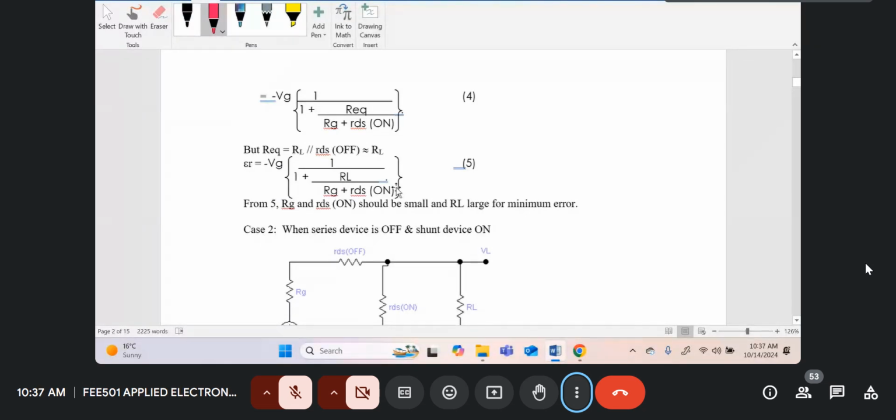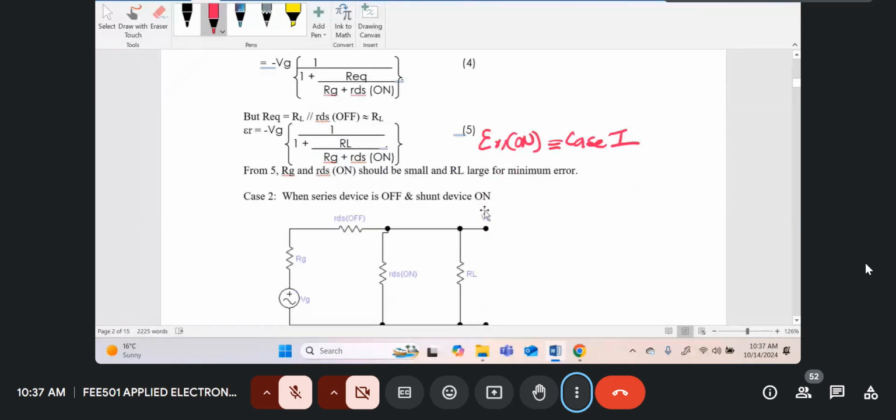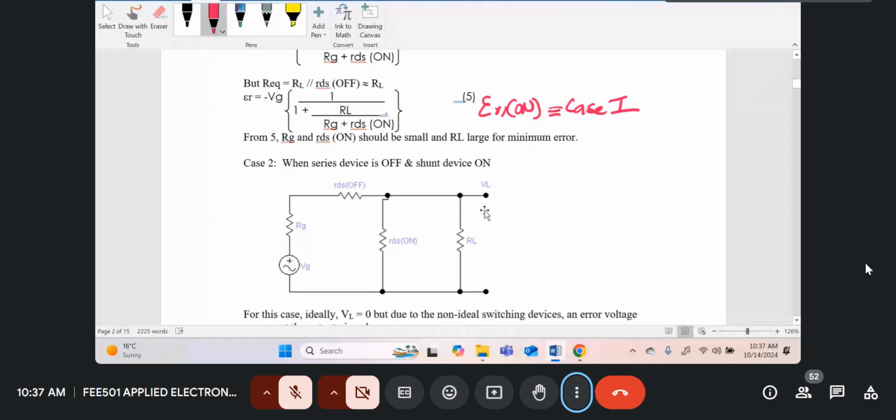So this is equivalent to our error on, which was our case 1, where the series device is on and the shunt device is off. So if you look at equation 5 over here, for the error to be small, the terms in the denominator must be large.